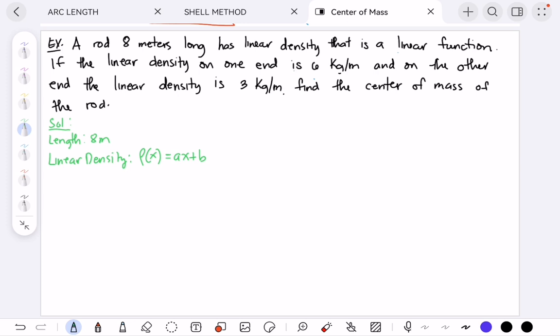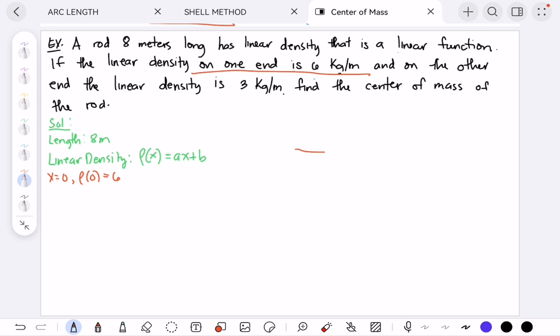All right. Now, if the linear density on one end is 6 kilograms per meter, that means that at x equal to 0, rho of 0 is equal to 6. That's what this line is telling us.